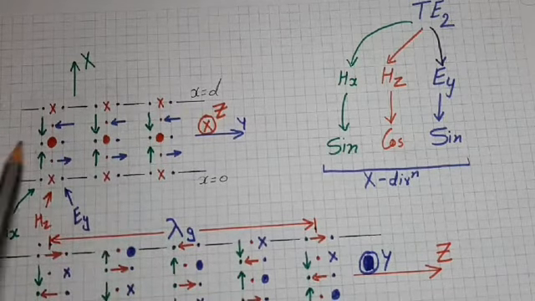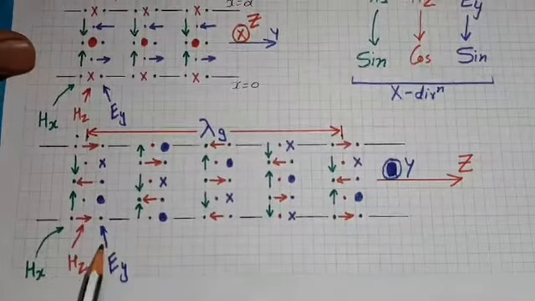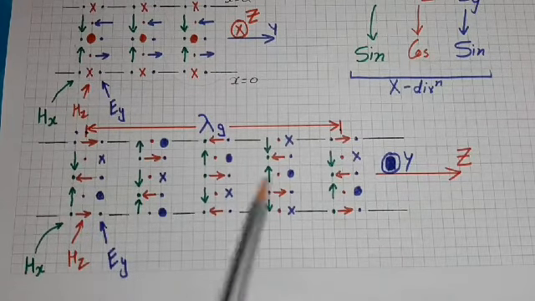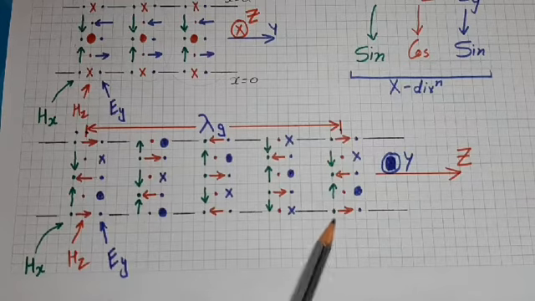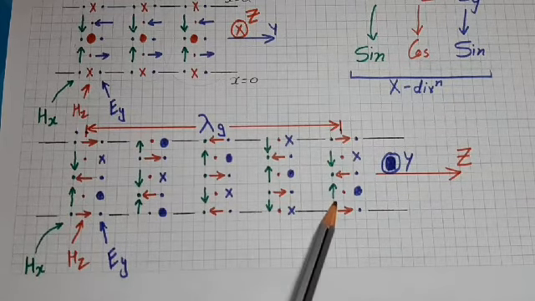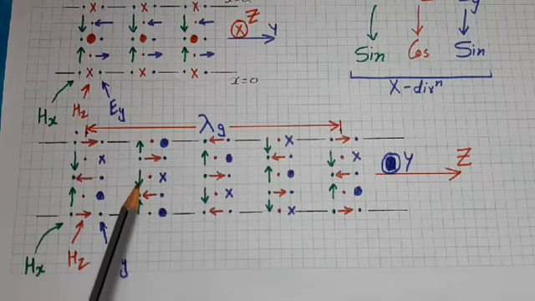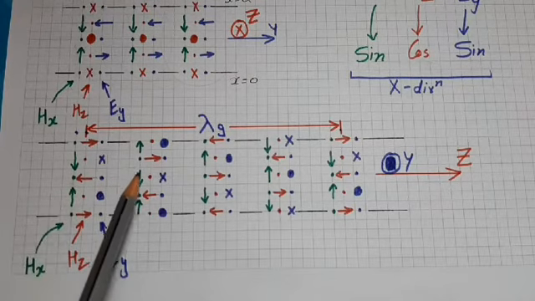If we plot side view where we want to show variation of field in z direction, sinusoidal variation would be present. So simply 0, positive max, 0, negative max, 0. For this point, positive max, 0, negative max, 0, positive max. For this point, 0, negative max. Move from here: 0, positive max, 0, then negative max.